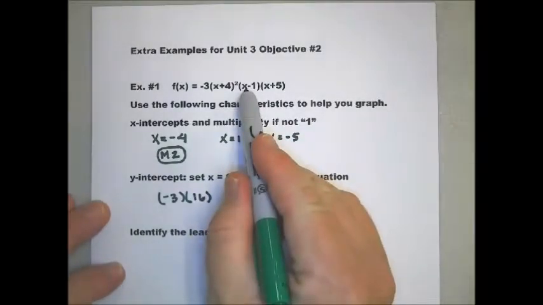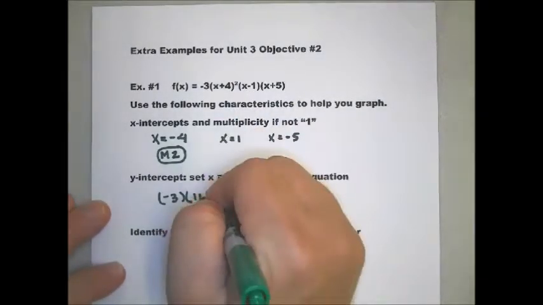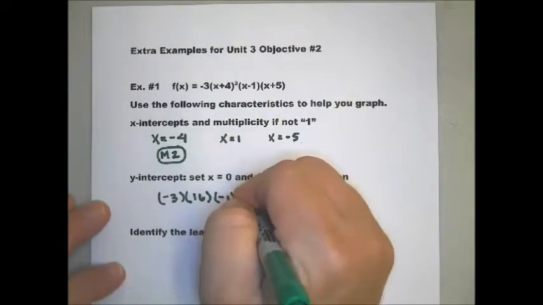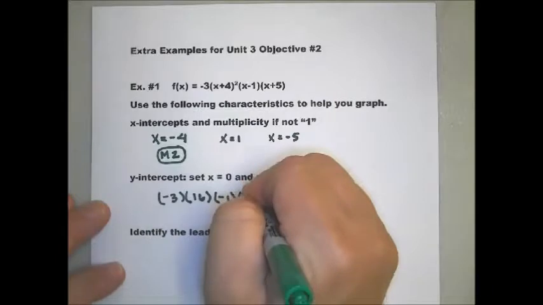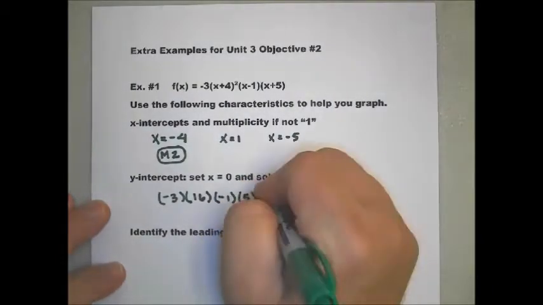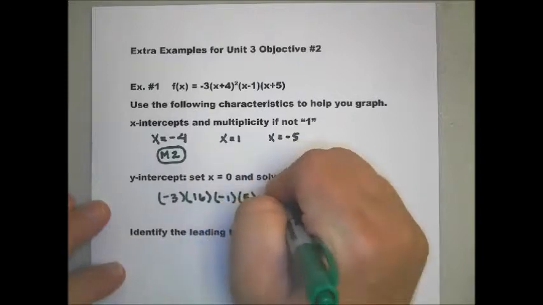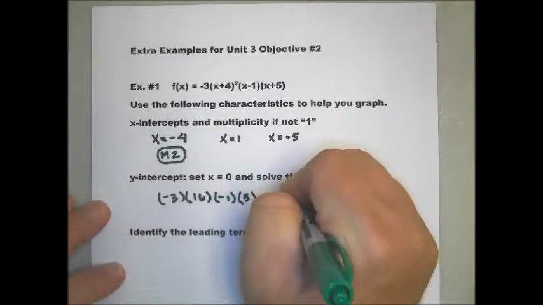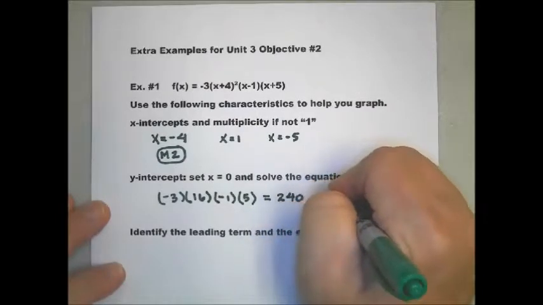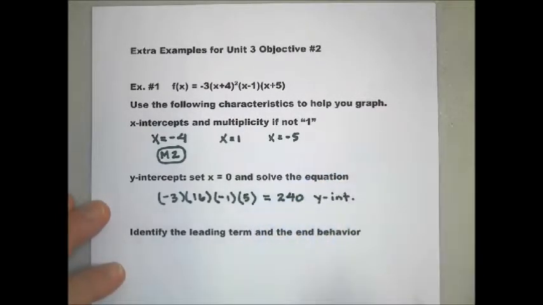Substitute 0 right there. 0 minus 1 is -1. 0 plus 5 is +5. And when you multiply these out, you get a product of 240. So what that tells us is that's the y-intercept.